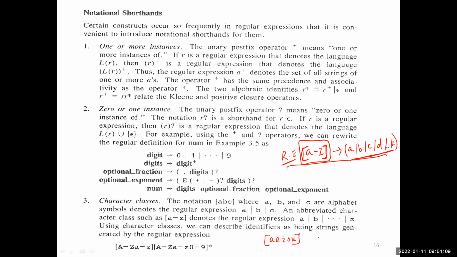Now, if I would like to consider vowels as a regular expression, originally I would have represented A or E or I, sorry, O or U, right? But this can be represented within this. The moment I'm putting it within the square bracket, by default, this acts as an OR operation in between each and every alphabet or each and every character presented within the square bracket.